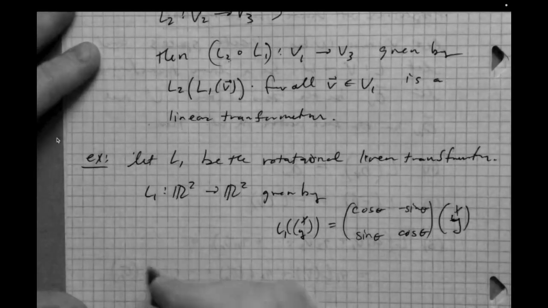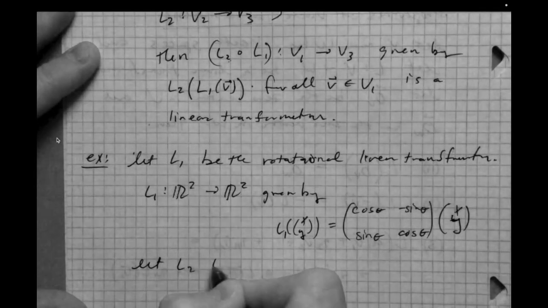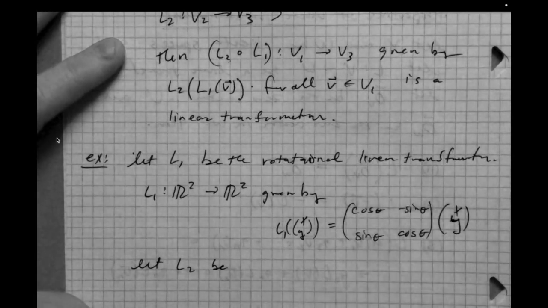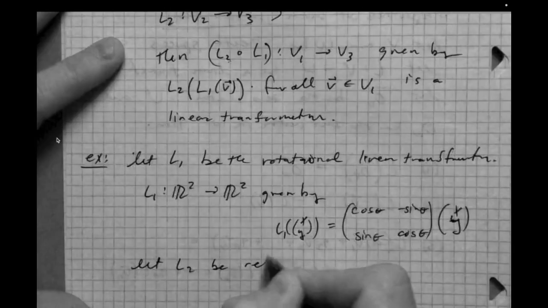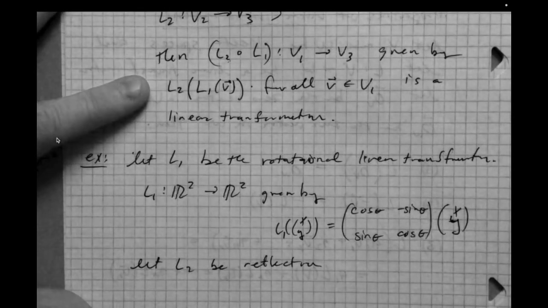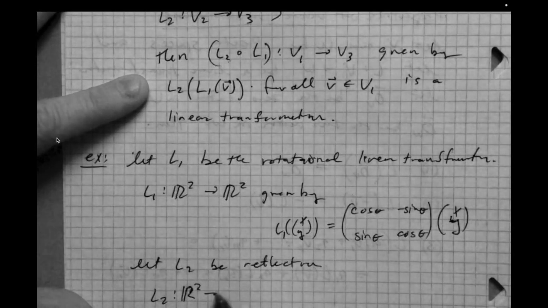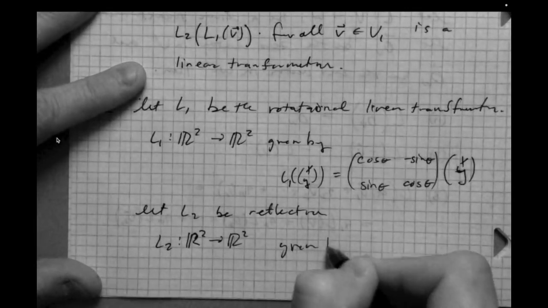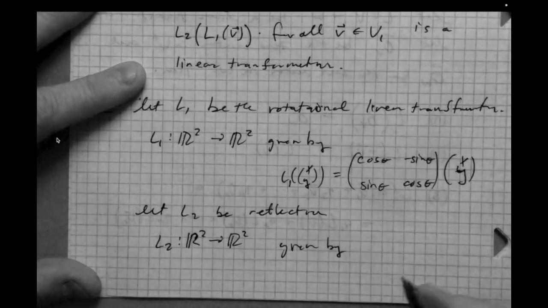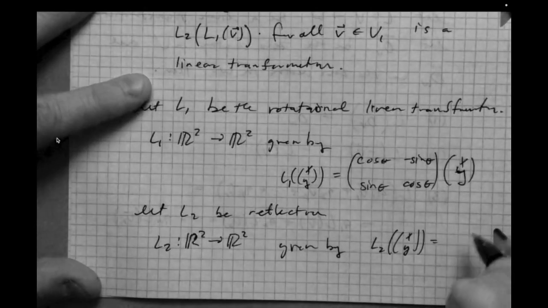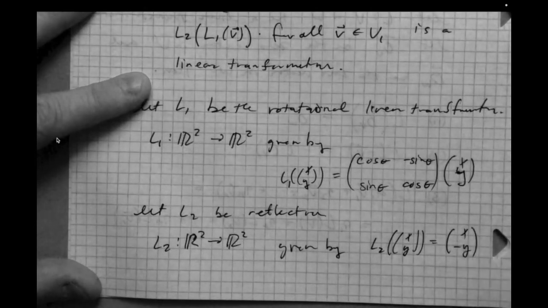L2, let's think about L2. Let L2 be the reflection linear transformation. Okay, so L2 was, again, we'll go R2 to R2, given by L2 of a vector xy was equal to, we'll say x negative y.